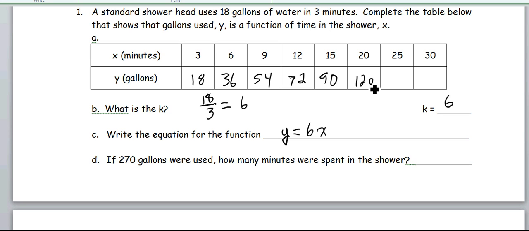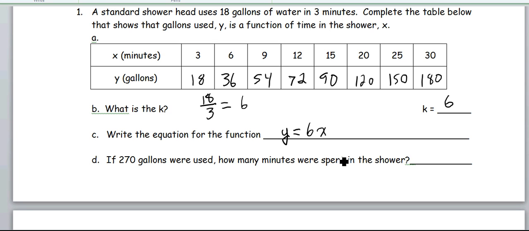25. But I'm going to use my calculator just like I want you to. 150, and 30 is 180. So it says, if 270 gallons were used, how many minutes were spent in the shower?